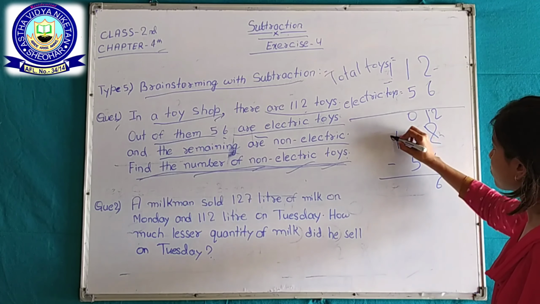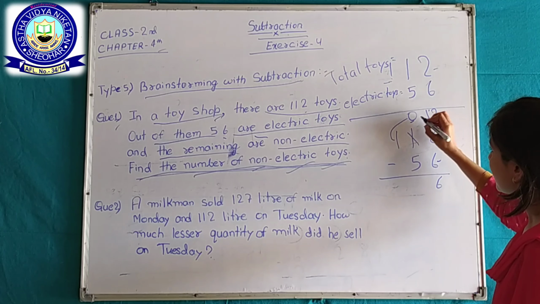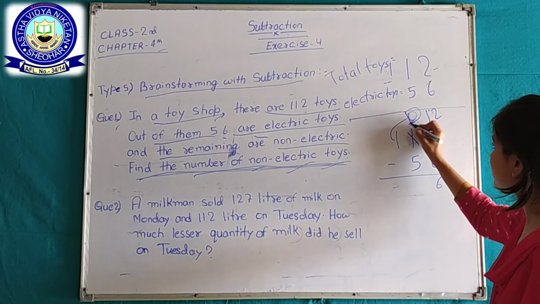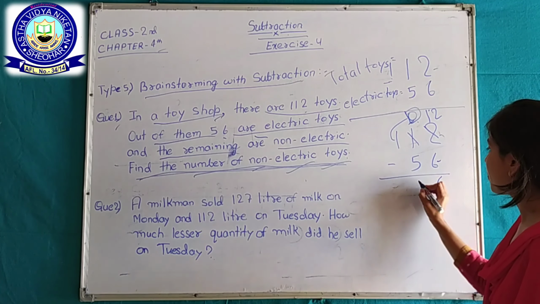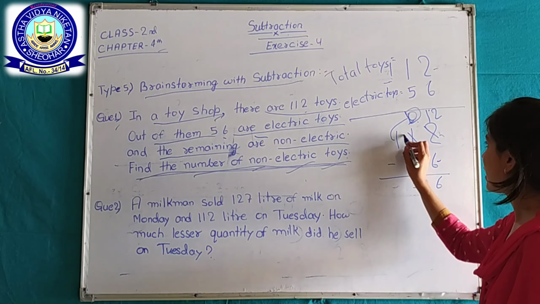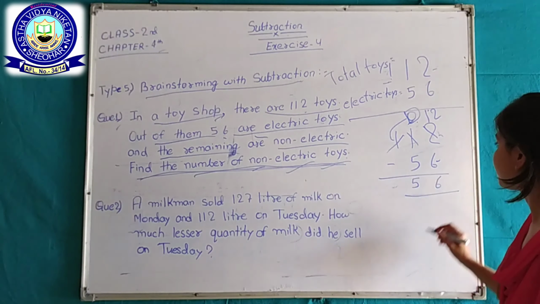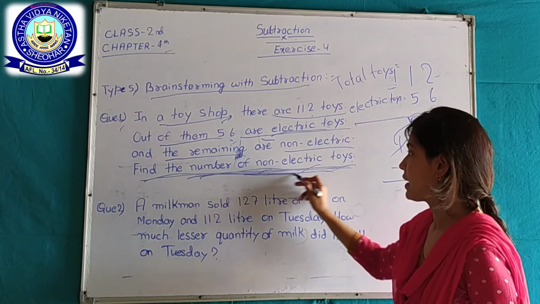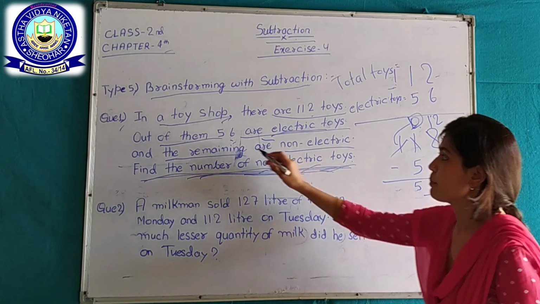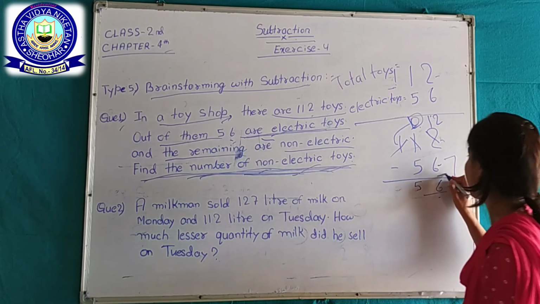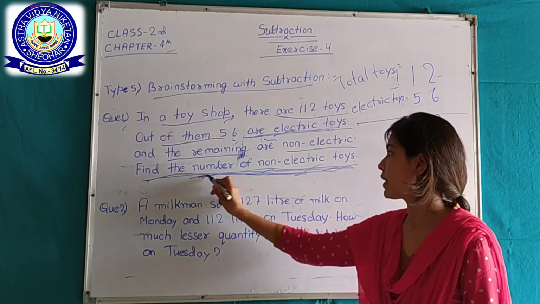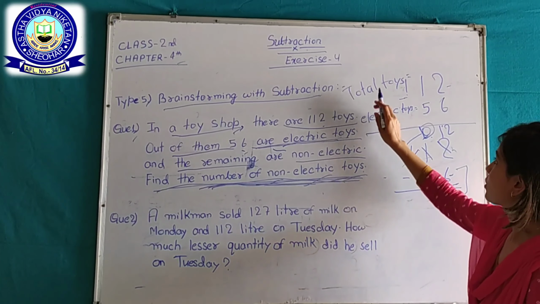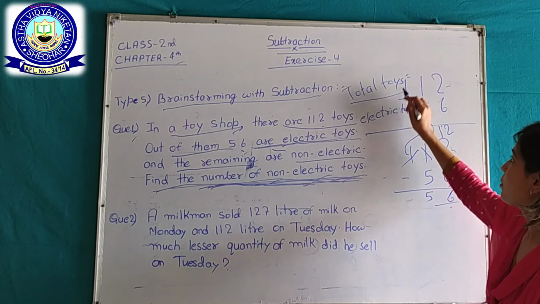And we have to borrow 1 ten from this. It becomes 10. When it becomes 10, we have to subtract 5 from 10. We get 5. So the number of non-electric toys equal to 56 and the number of electric toys equal to 56. To find out the number of non-electric toys, we have to subtract electric toys from total number of toys.